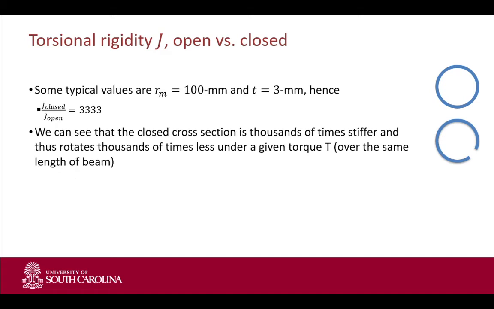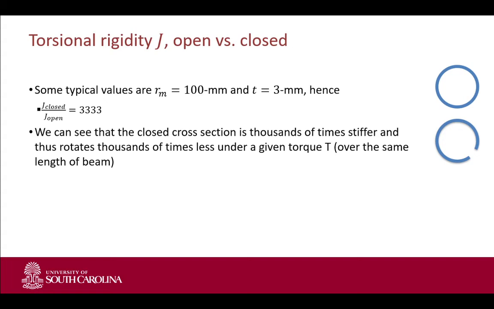So let's assume a couple of standard values. If you have a 1 meter diameter, 1.1 meter, so 10 centimeters, and we have a thickness of 3 millimeters, then the ratio between the closed section and the open section is 3,333.